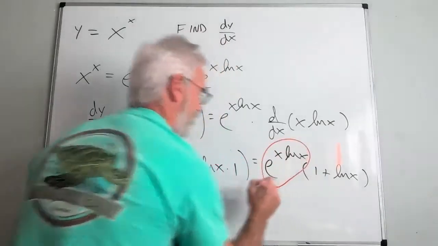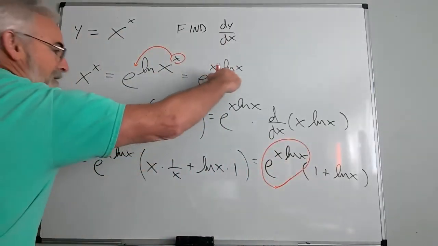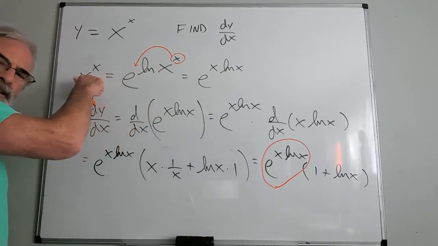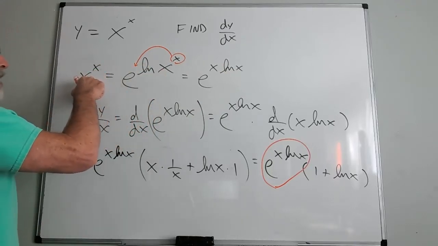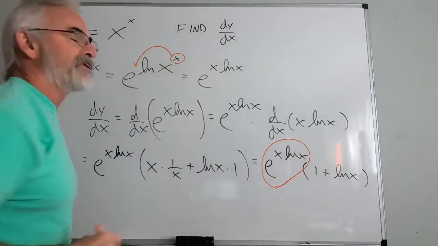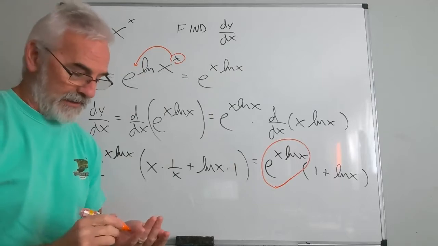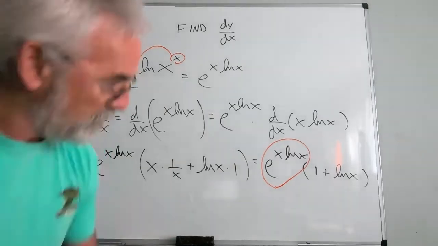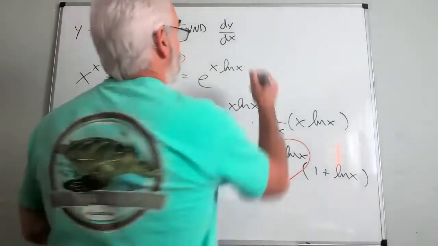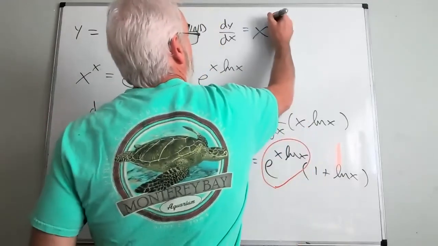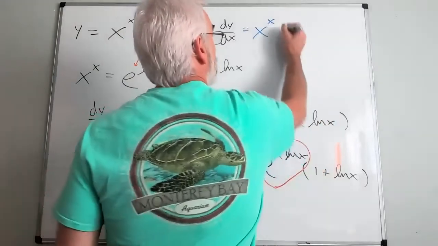Isn't this just x log x? I rewrote x to the x in this form so I could differentiate it. So now I'm just going to simply put it back. This is x to the x. So the answer is x to the x times 1 plus log x.